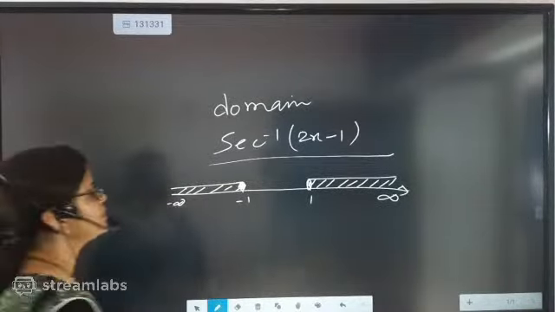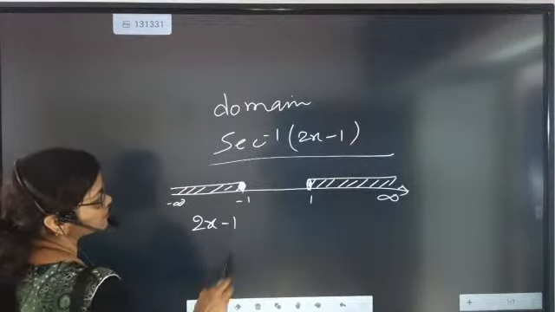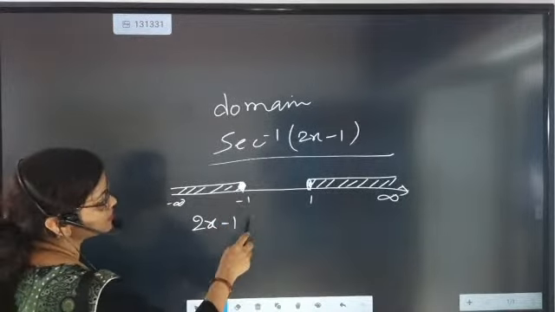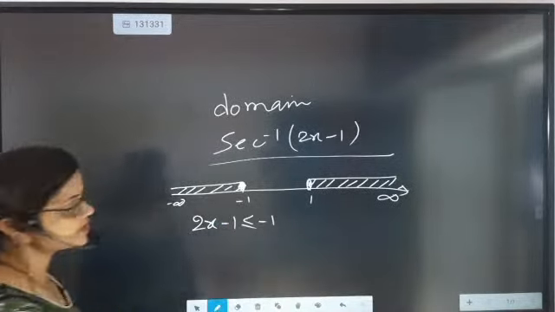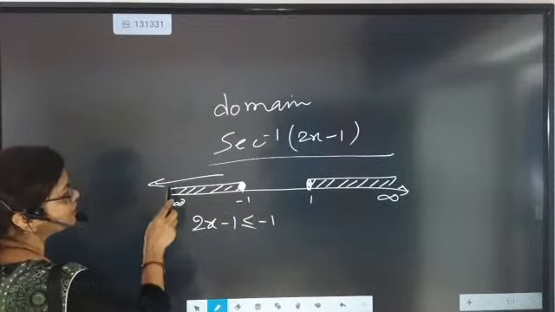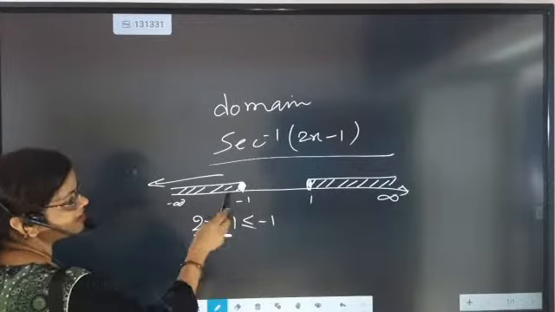Let us check, beta. So definitely 2x minus 1 must be less than -1, because you have to go left of -1. Left of -1 means all values will be less than -1.